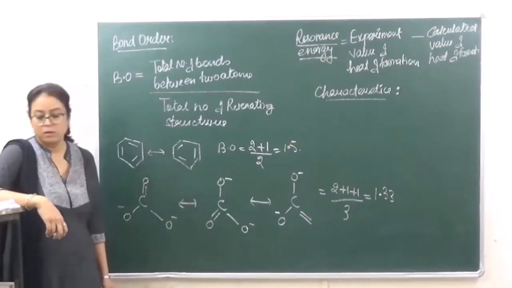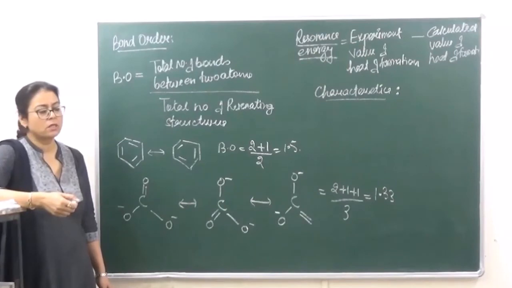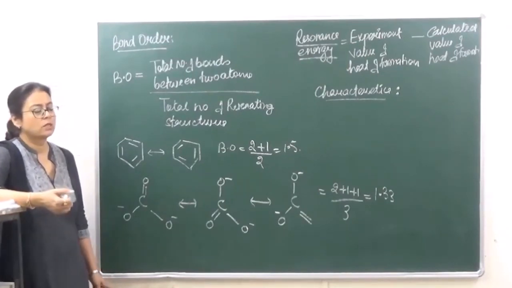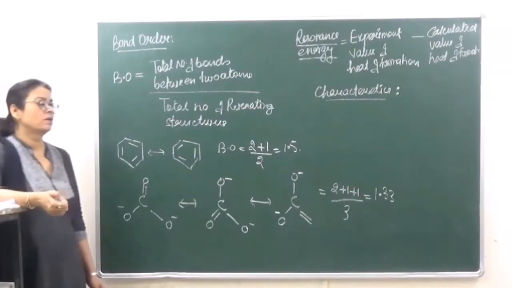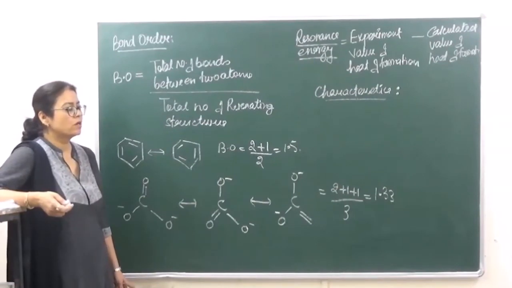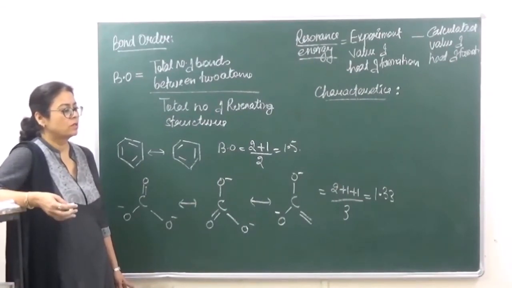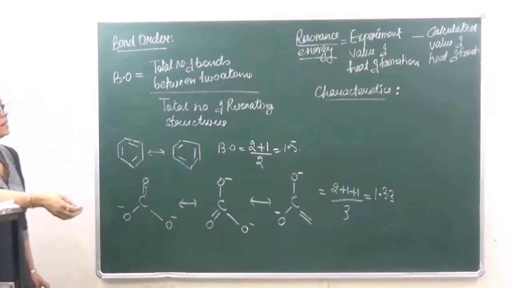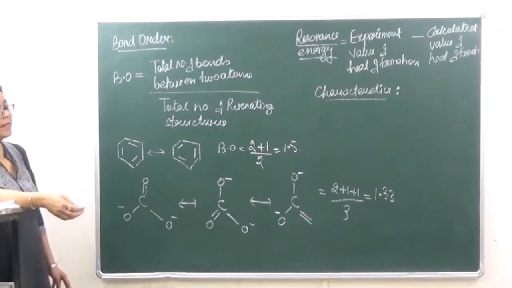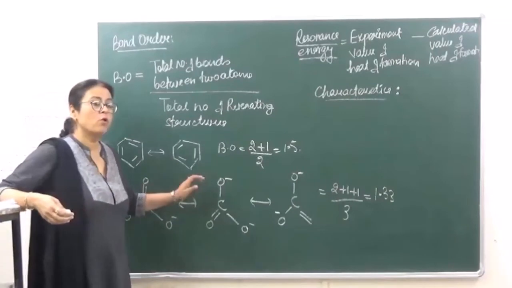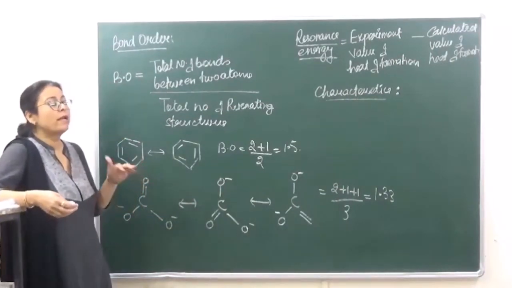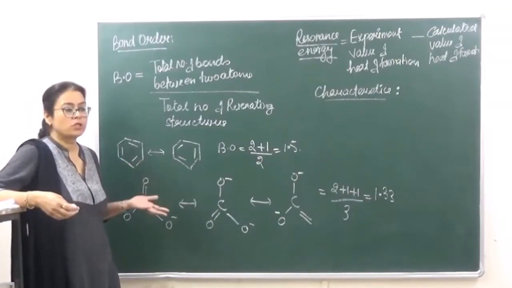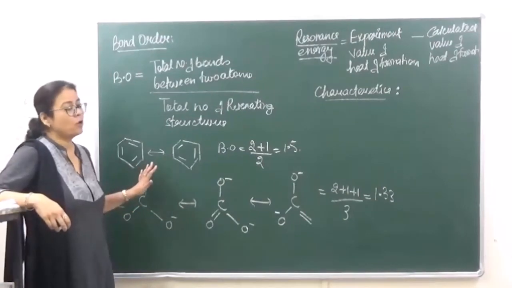Number 4, uncharged structures are more stable than charged structures. ठीक है, so basically what is happening over here is कि even if the structure is charged, right, that charged structure which has a negative charge on a more electronegative element and the positive charge on a more electropositive element is going to be more stable. Clear हो गया? So this was the concept of resonance.